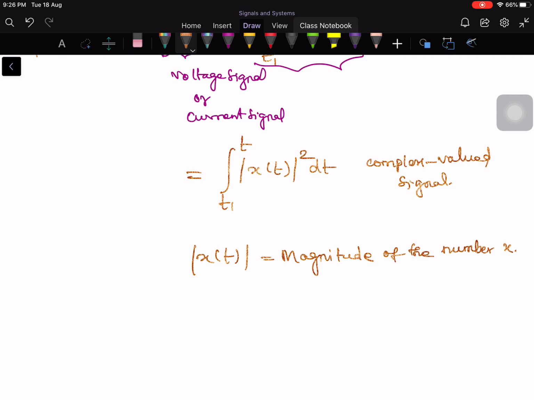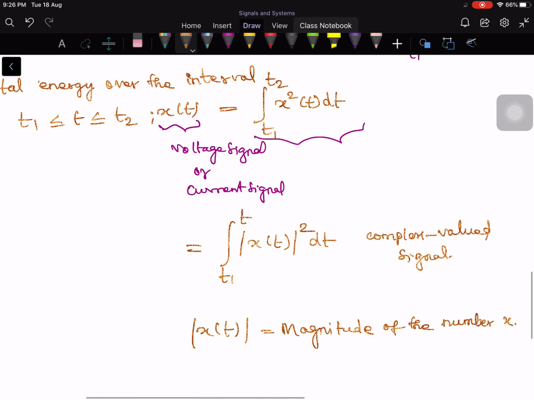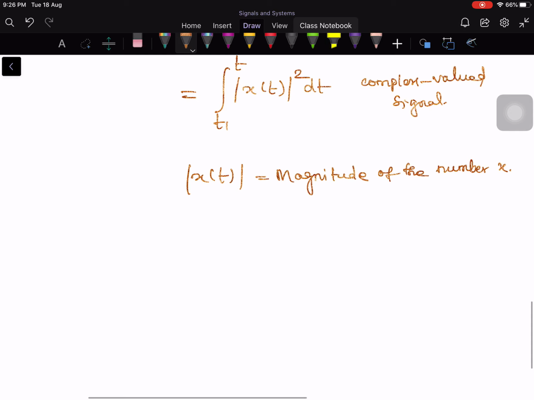Now the time averaged power is obtained by dividing this energy by its length.